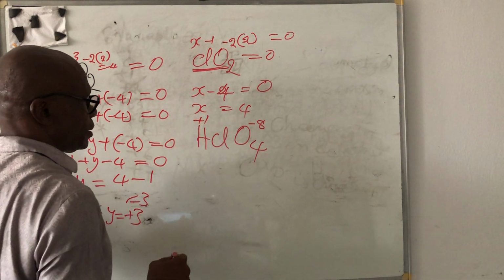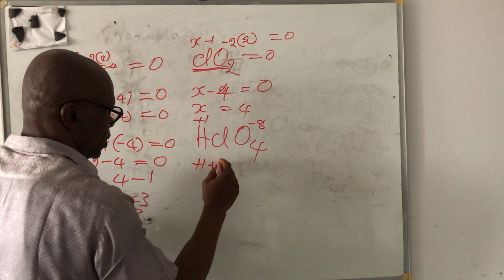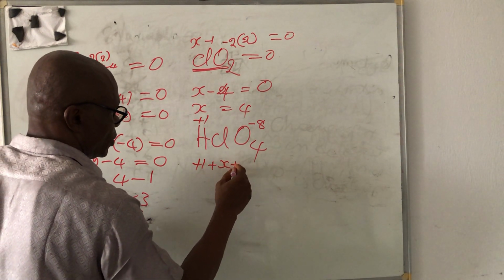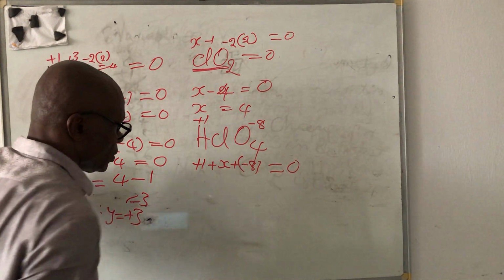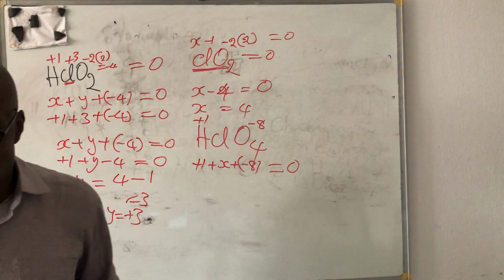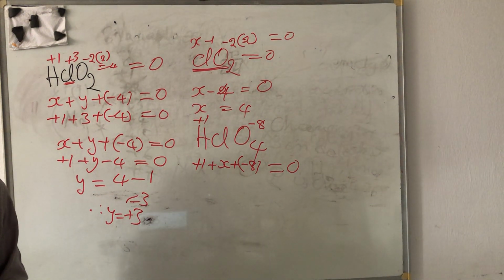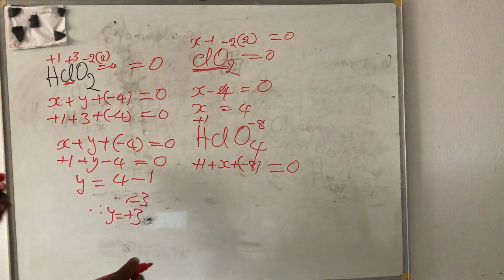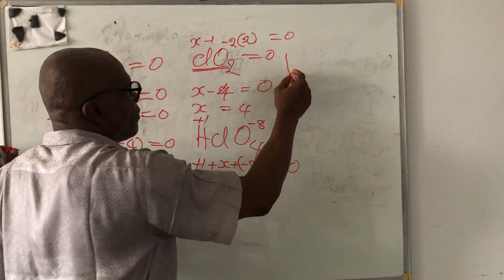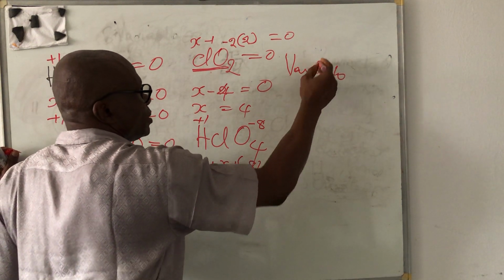Plus 1, so plus 1 plus x plus minus 8 equals 0. That one works itself out. So we have seen that they display variable oxidation state.